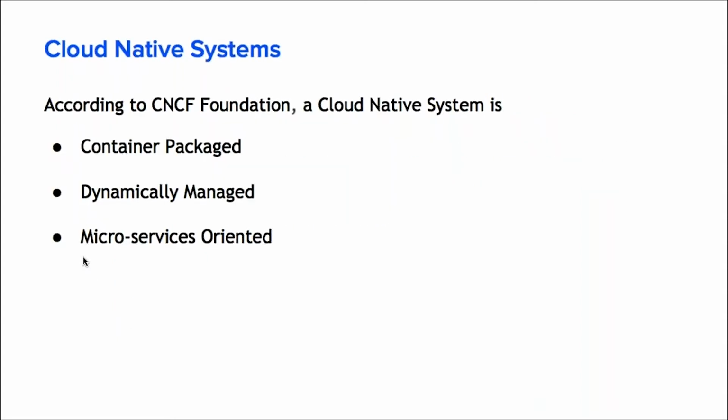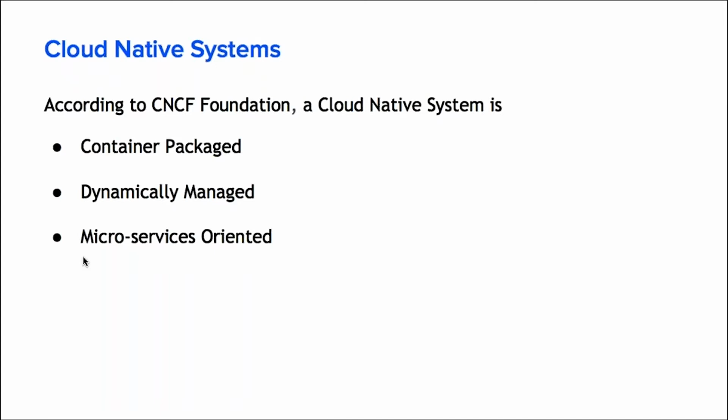Okay, so CNCF provides a definition of what a cloud native system is in general. One, it should be container packaged. So we should package our application in containers or container images, using which we can create containers as required. We should be able to dynamically manage the applications, for which we could have orchestration like Kubernetes and other infra tools built around the cloud native system.